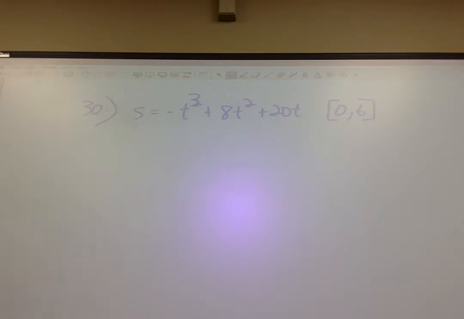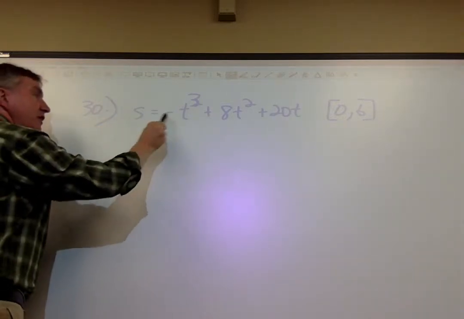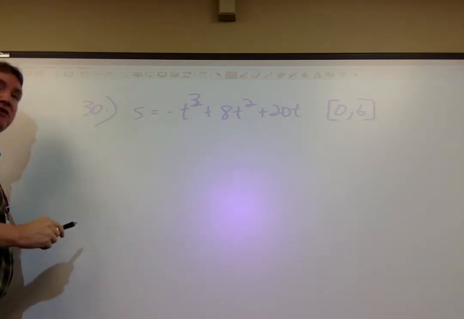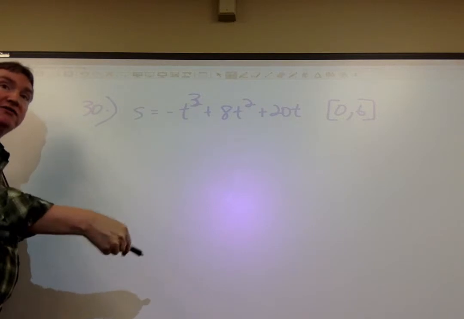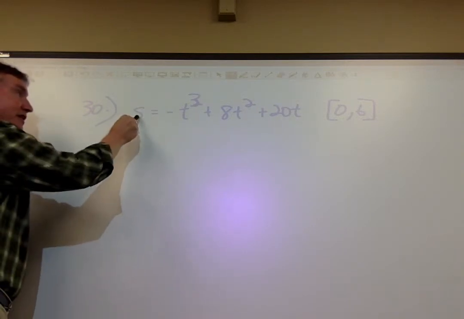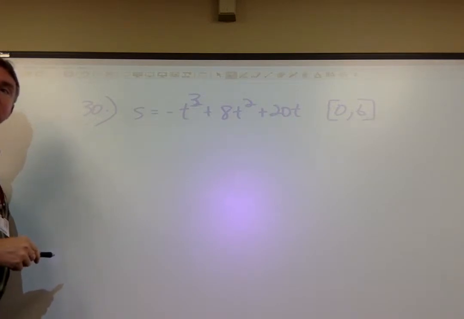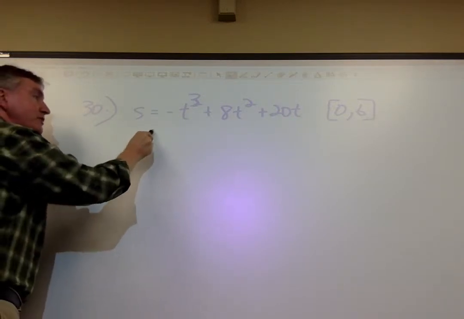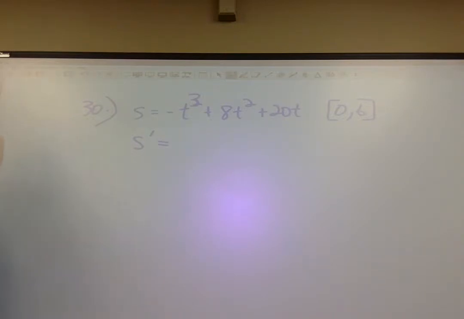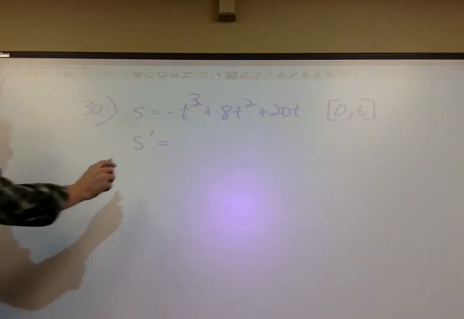If you remember, if you take the derivative of a distance function, that's the velocity, that's the speed, isn't it? If you take the derivative of the velocity, that's acceleration. So actually, acceleration is the second derivative of the distance. So s prime would be the velocity or speed that the car is going. So what is the velocity?